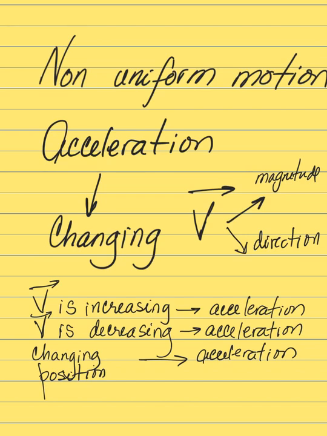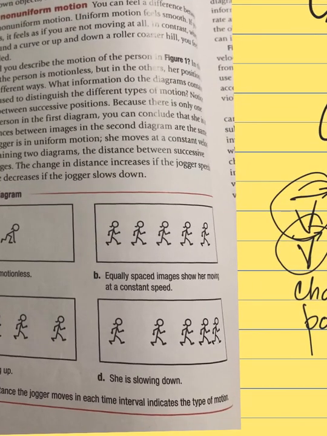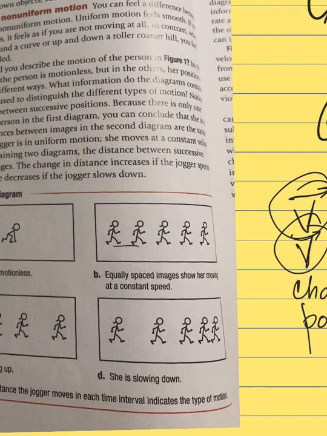No. You remember that you can use velocity or speed, because the difference between velocity and speed is just the direction. When you look at this picture, see, uniform motion, constant velocity. With a constant velocity, are you going to be accelerating? No. Remember that we can use vectors to represent this velocity.